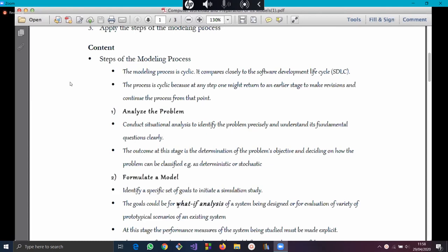So essentially, modeling at this particular stage relates to algorithm design, and more specifically the conditional statements, which in this case, let's reflect on the if statement. So the goal could be for what-if analysis of a system being designed or for evaluation of a variety of prototypical scenarios of an existing system.